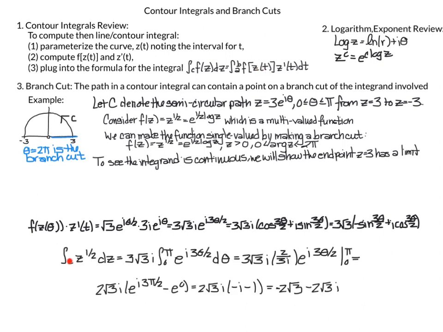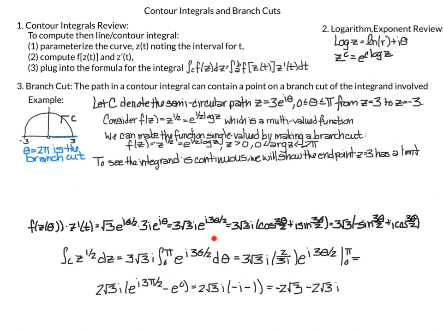So my integral along the path c of z to the 1/2 dz is equal to, now here I took this portion. I didn't use Euler's identity, but I have the 3 square root of 3i, and then my integral is going to go from 0 to pi, e to the i 3 theta over 2 d theta.